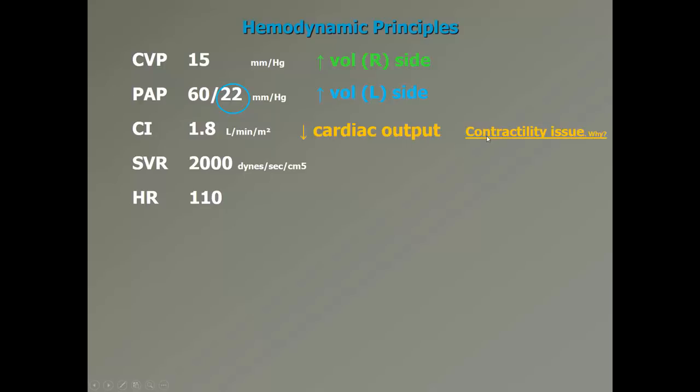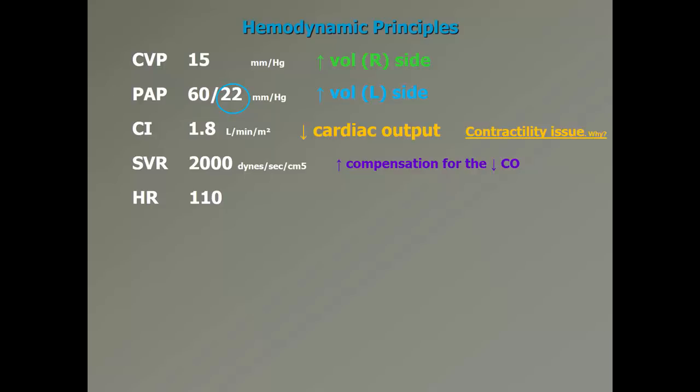Now we look at the SVR. The SVR is 2000. The SVR, systemic vascular resistance, is elevated, again, for the same reason. It is compensation for the low cardiac output. And the kidneys are basically an organ with blinders. The kidneys do not know what's happening in the whole body. The kidneys do not know that the heart is weak.